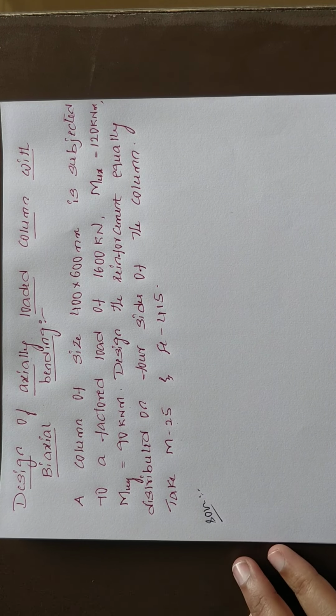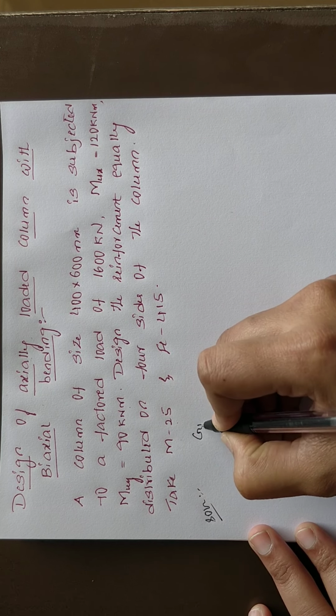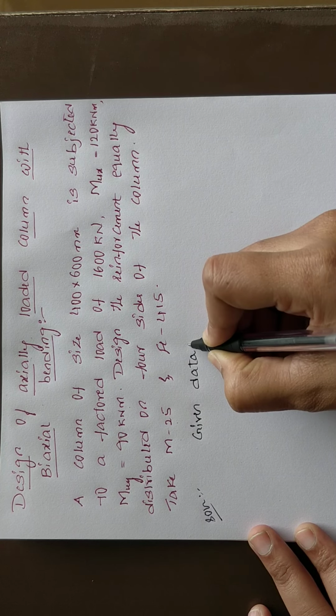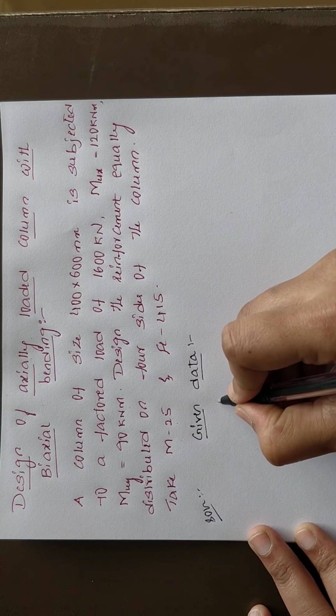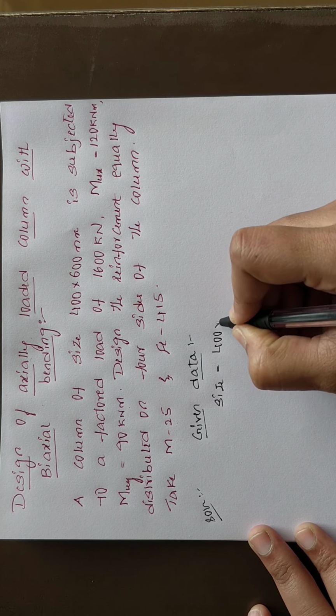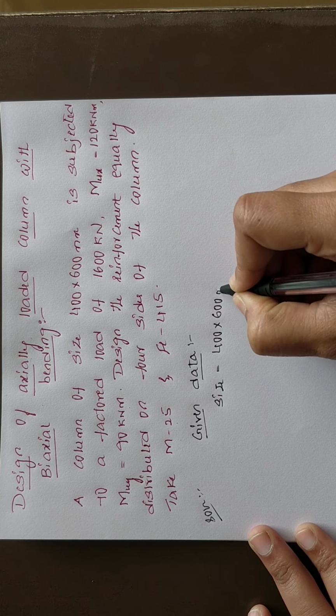The first step is what? Write down the given data. Given data: the column size they have given is 400 by 600 mm.